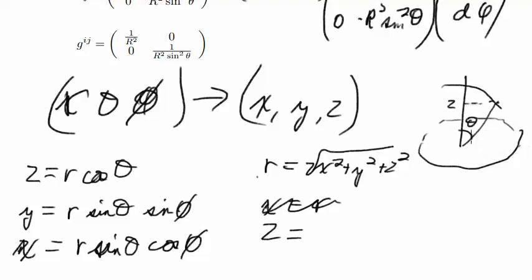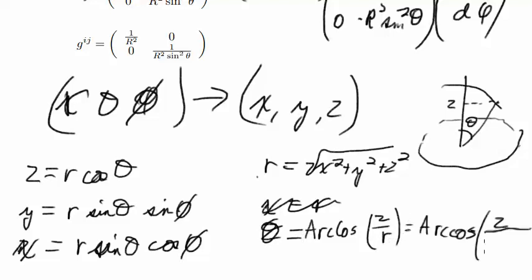I don't want z, I want theta. Theta is arc, let's see, z is r cosine theta. Z over r, I want arc cosine. Arc cosine of z over the square root of x squared plus y squared plus z squared.